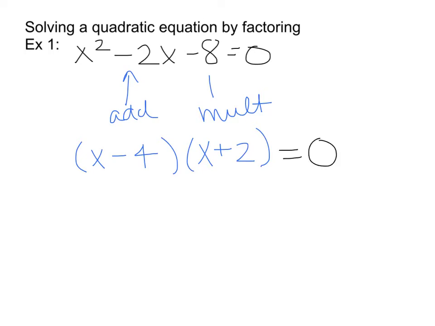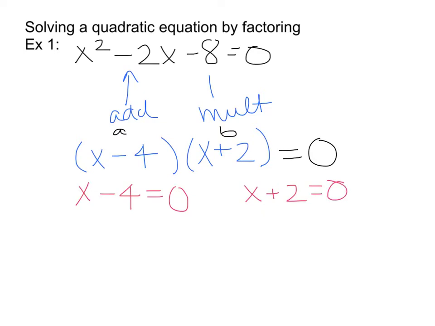So then the zero product property said a times b equals 0, then a equals 0 or b equals 0. So this is like a, this is like b. So we are going to set them equal to 0 so that we can solve for x. So, x minus 4 equals 0, or x plus 2 equals 0.